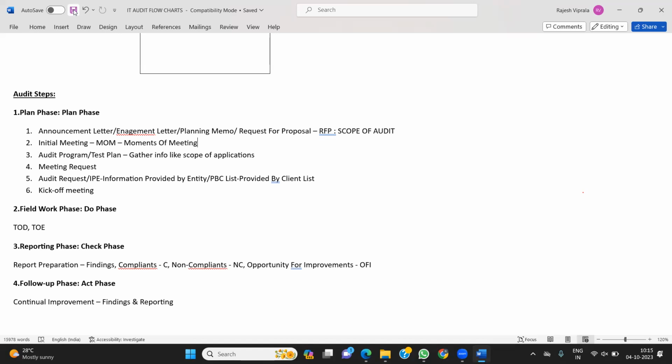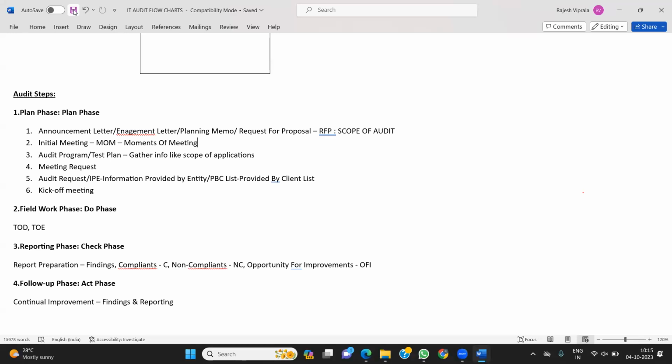Say, for example, if the organization is giving an external audit, in this example HDFC giving an external audit project or program to KPMG, KPMG will understand how many processes are included, how many IT domains are included, and how many compliance points are included under each process and each IT domain.